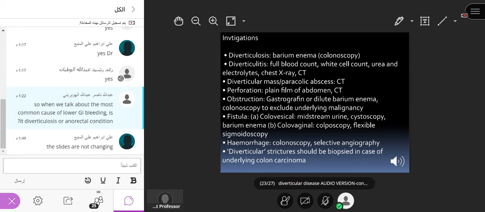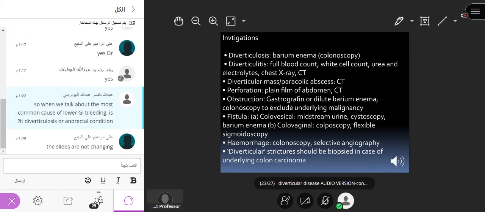Otherwise, colonoscopy is way better than barium enema, because it is not only diagnostic, it is also therapeutic, and has more resolution. The CT scan will tell you whether an abscess, perforation, or obstruction is there, and colonoscopy will exclude colorectal cancer and show you a colovesical fistula.